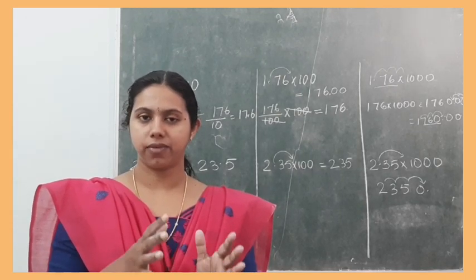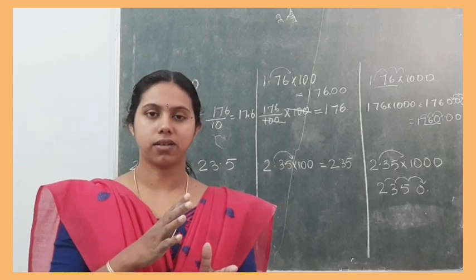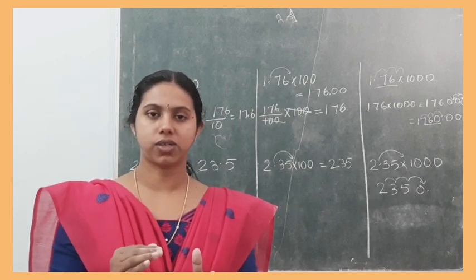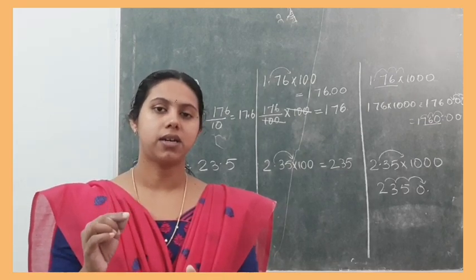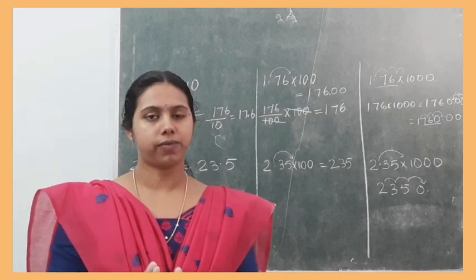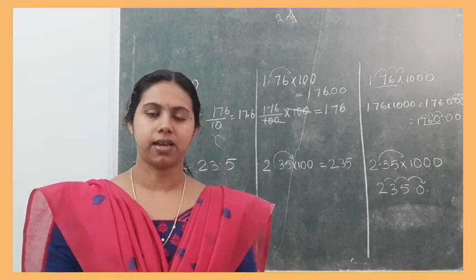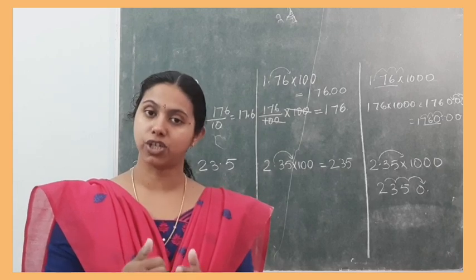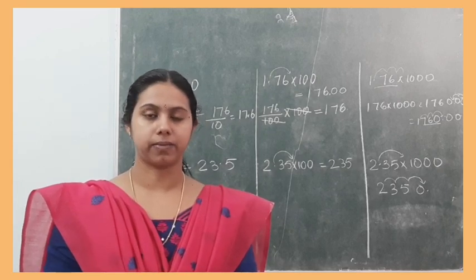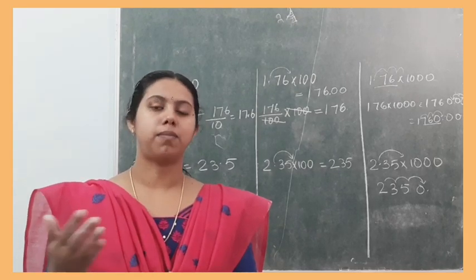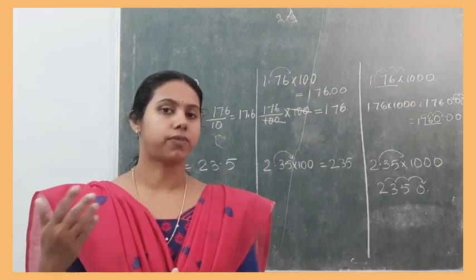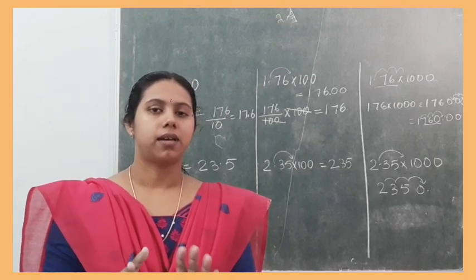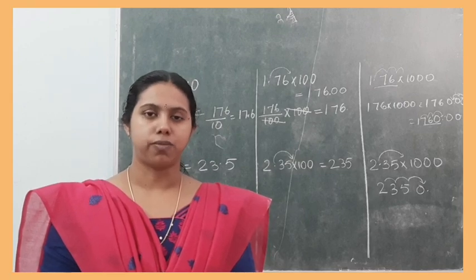So this is the first class. You should see the first class, write the notes and complete the worksheet. After that, you can see the second class, that is division of decimals. Then you can complete the notes and worksheet of the second class, and you can send it to me later.